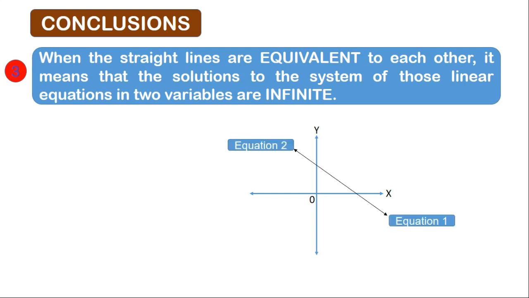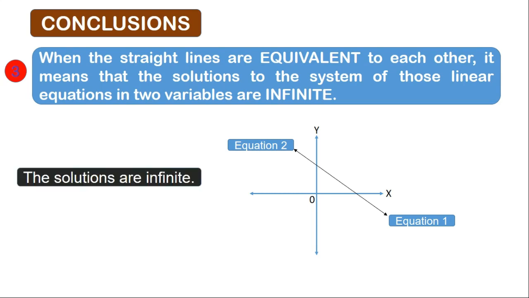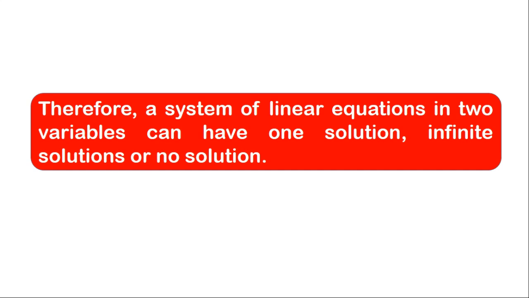We can see that equation number 1 and equation number 2 have the same straight line, and this means that the solutions to these two linear equations in two variables are infinitely many. Therefore, a system of linear equations in two variables can have one solution, infinite solutions, or no solution at all.